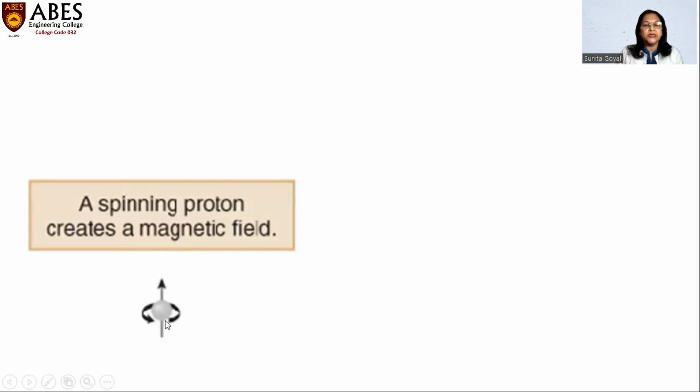Here we can see in the picture, there is a spinning proton. It is creating a certain magnetic field around this atom, and it has a certain direction.